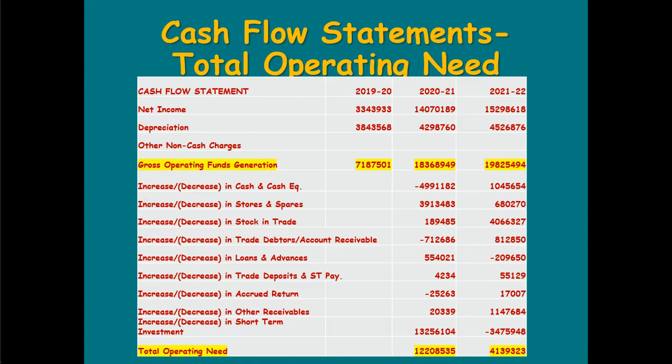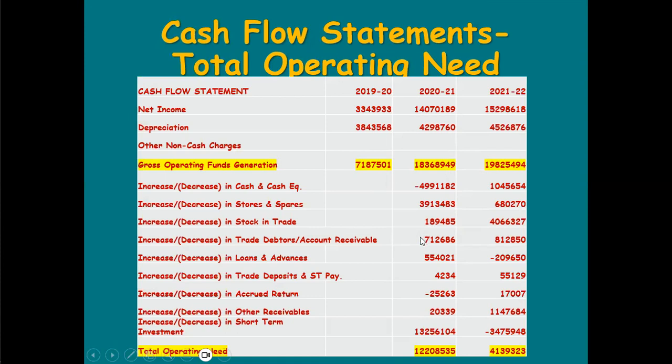For the second year, we have the decreasing trend, and in the third year, we have the increasing trend. Thereafter, we have increase and decrease in stores and spares. We will find in both years we have the increasing trend. In case of stock in trade, we have the increasing trend.